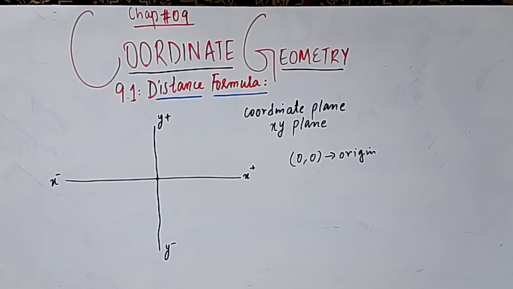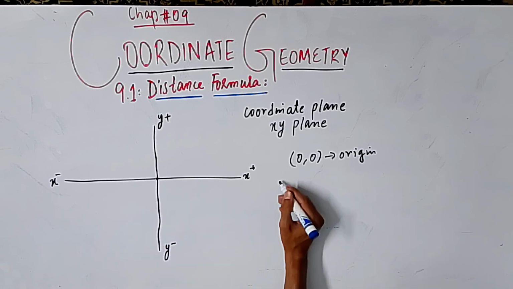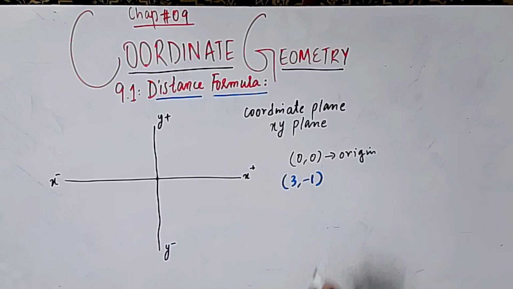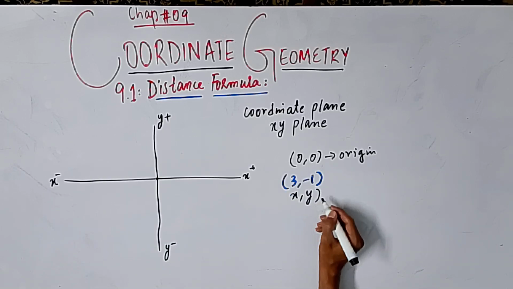When we talk about the coordinate plane, for example, if I am saying plot 3 comma minus 1, what does it mean? It is an ordered pair. The first value always represents x and the second value always represents y.